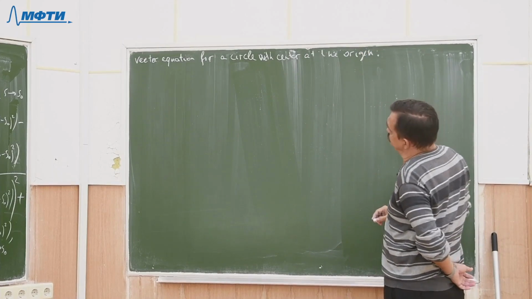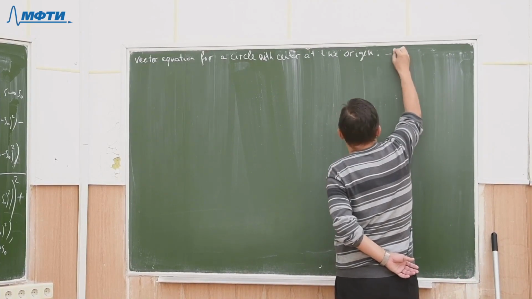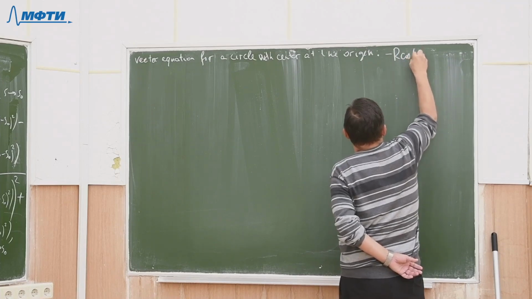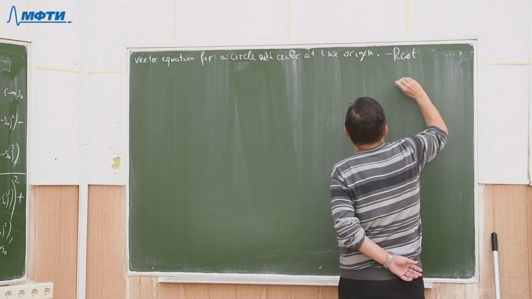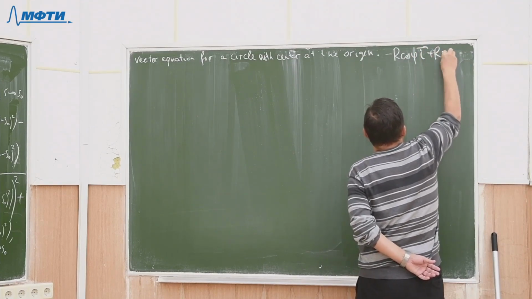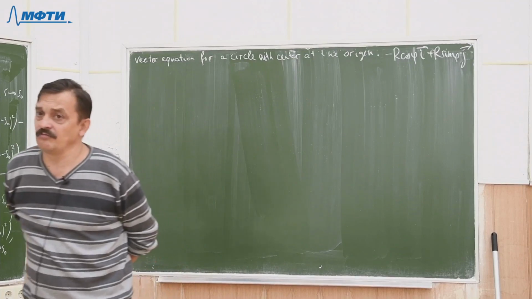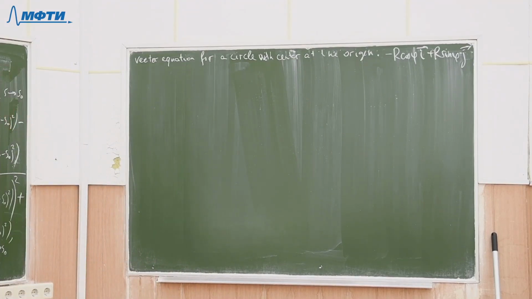There are in fact many possibilities. Let me choose like that: minus r cosine phi i plus r sine phi j. So don't ask me why minus r cosine and r sine. Usually we write r cosine plus r sine, right? Why minus r cosine and r sine phi? You will see a little bit later, because this is suitable for our purposes.